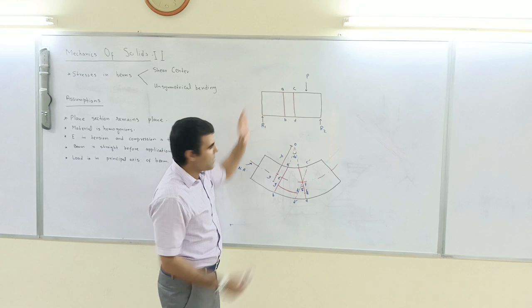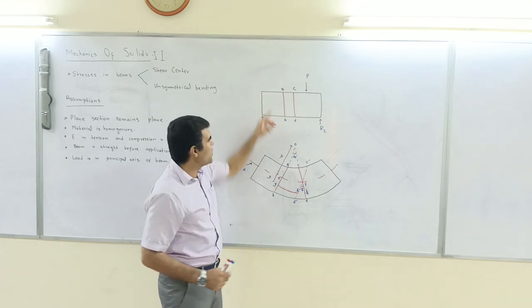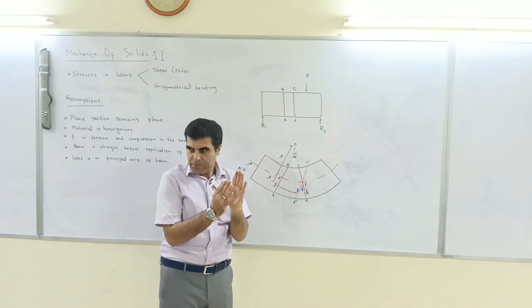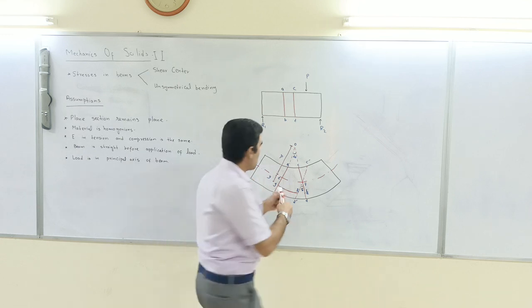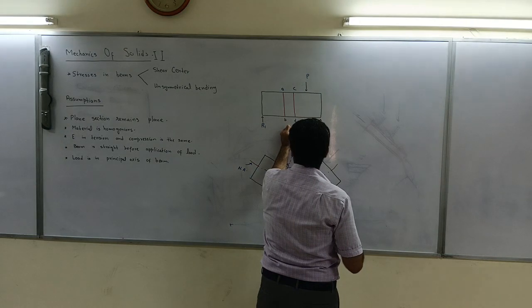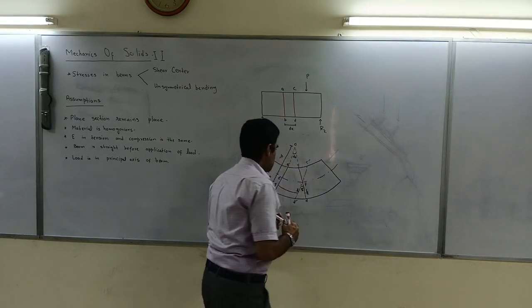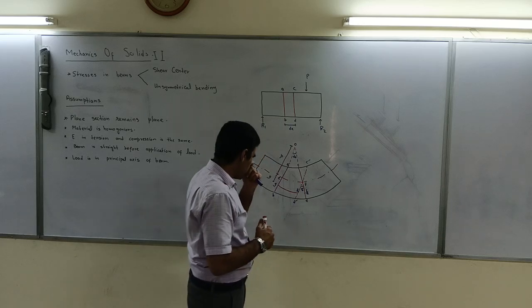Now we assume a thin slice, which is ABCD. These are two cross sections at a very small distance apart.